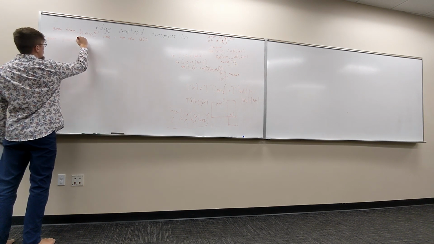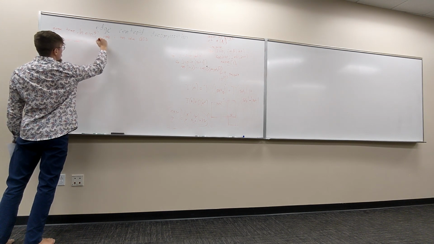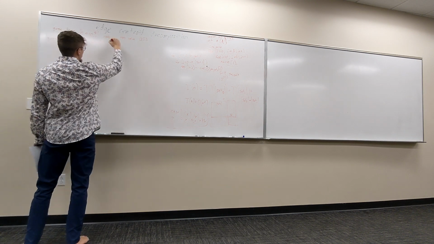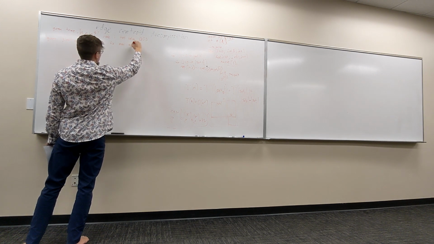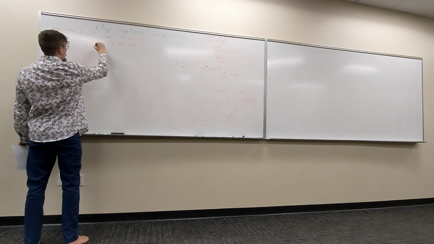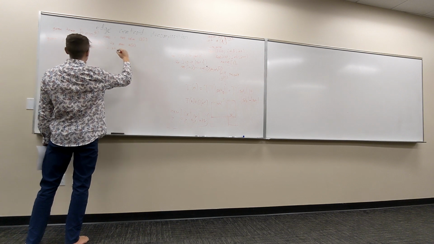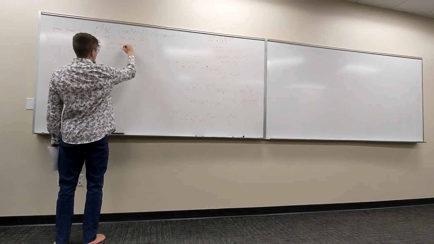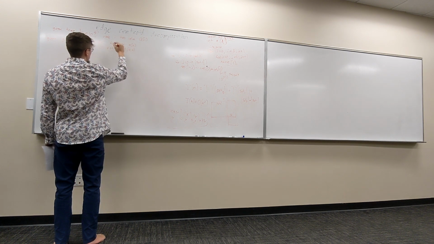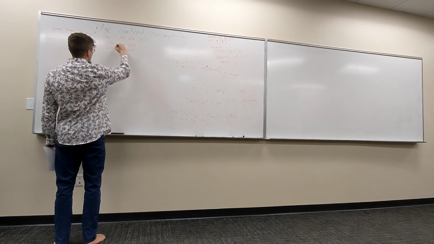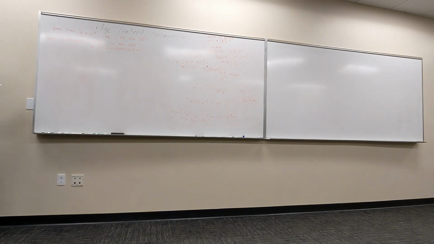Given node U and ints L and R, find the max value of a_v for all v such that the distance from U to V is between L and R. Okay, so this is the next problem.